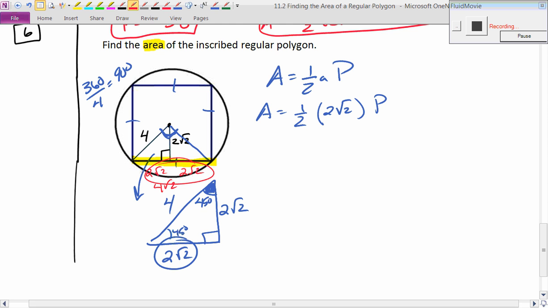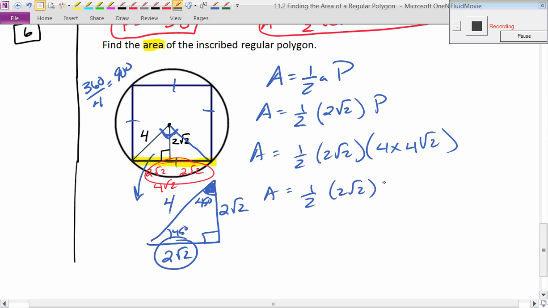You add the parts out in front, as long as the square roots are the same. So the perimeter then is 4 times 4 rad 2. So we got 1/2 times 2 rad 2 times 16 rad 2.